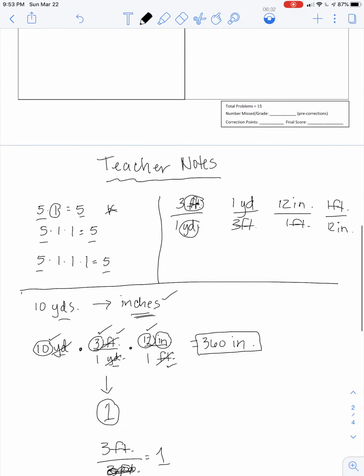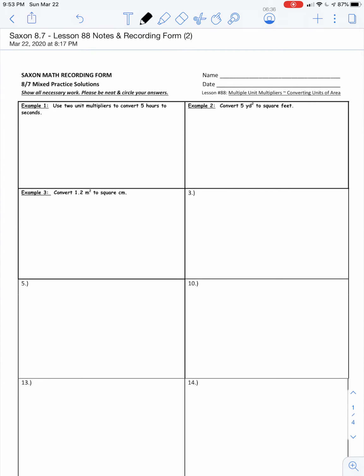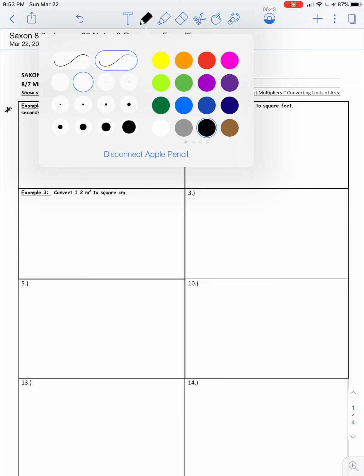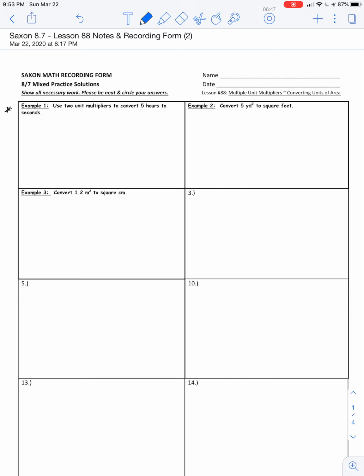From there, let's go ahead up to our notes. And I want you to start with example 1. I'm going to use blue here now so you can see what I'm writing. So I'm right here at example 1. We're going to use 2 unit multipliers to convert 5 hours to seconds. So we've got 5 hours, going from hours to seconds.